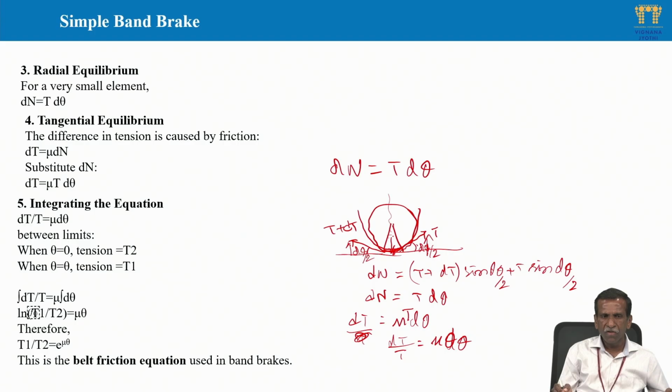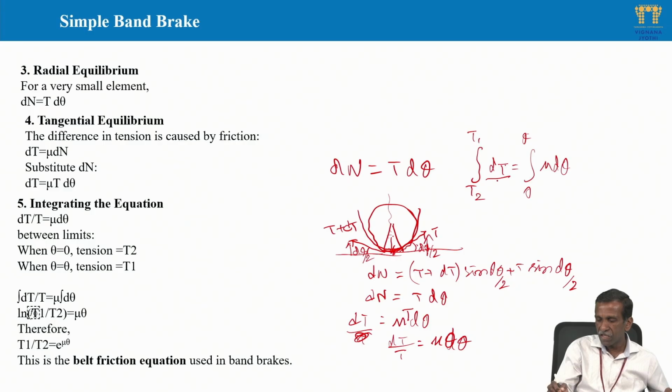If you integrate both sides, what are the integration limits for T? Maximum tension is T1 on the tight side, minimum is T2 on the slack side. Theta is from 0 to whatever angle.